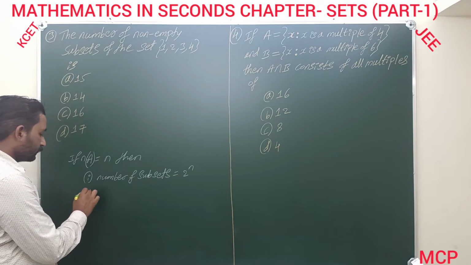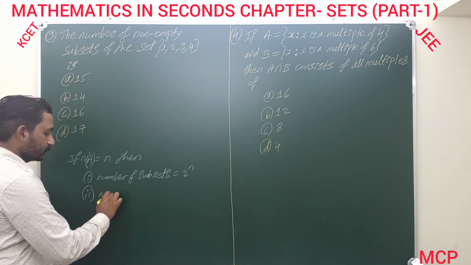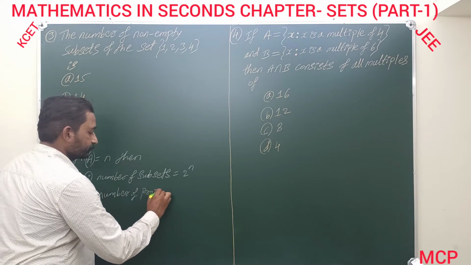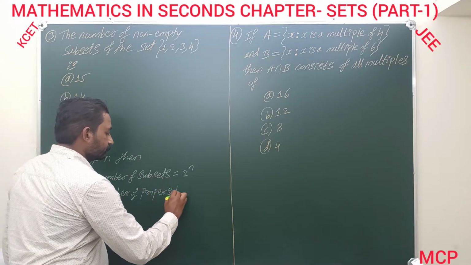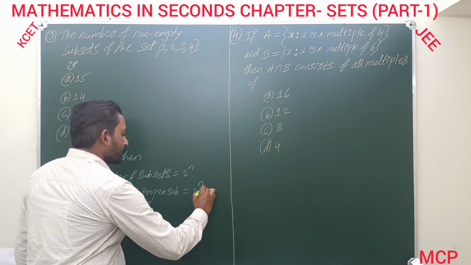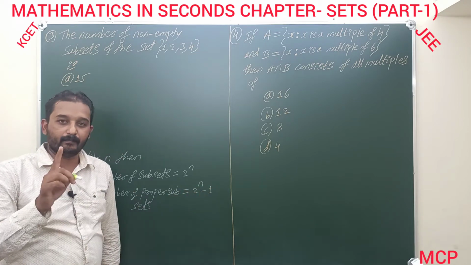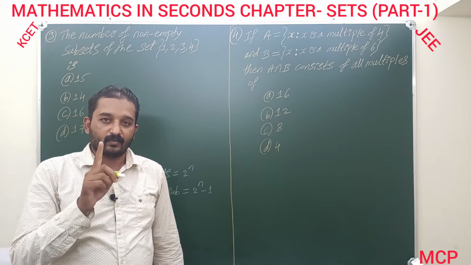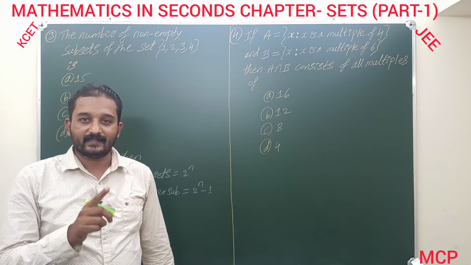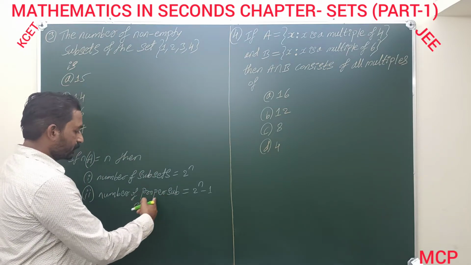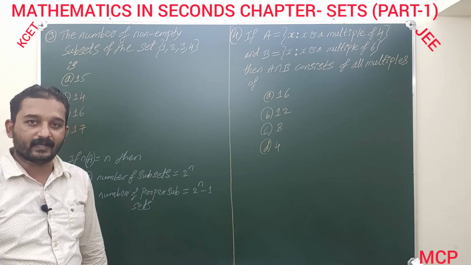The number of proper subsets is equal to 2 power n minus 1, because there is only one improper subset. Any set has only one improper subset, that is itself. Remaining all are proper subsets. Hence we can write the number of proper subsets is equal to 2 power n minus 1.